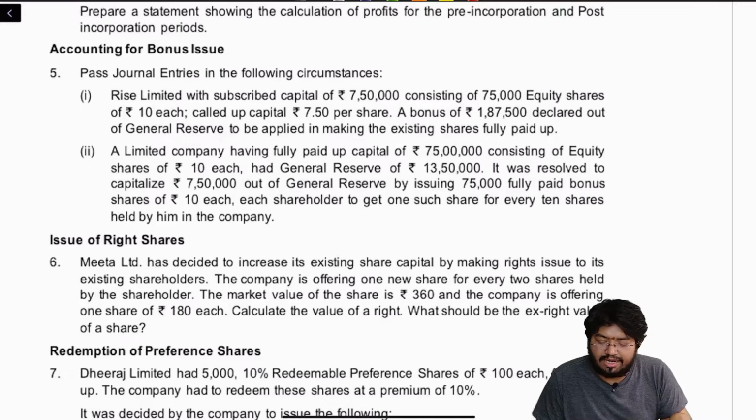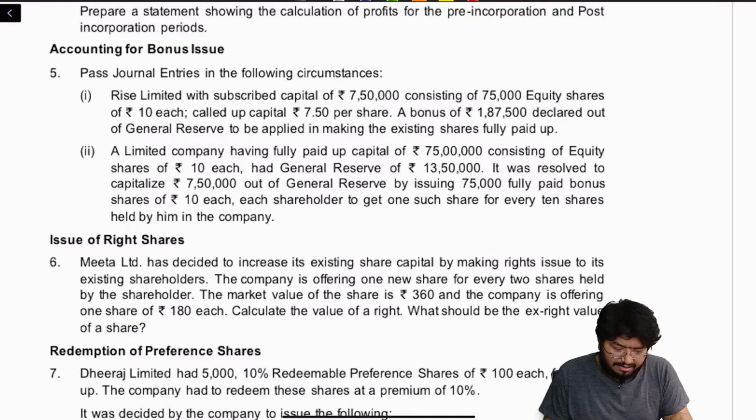A bonus of 1,87,500 declared out of general reserve to be applied in making the existing shares fully paid up. Now what is he trying to do? He is trying to give that balance 2.5 as bonus itself. So what entries should I pass is the question.